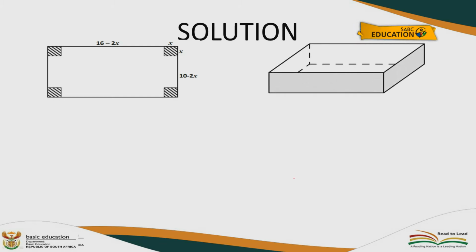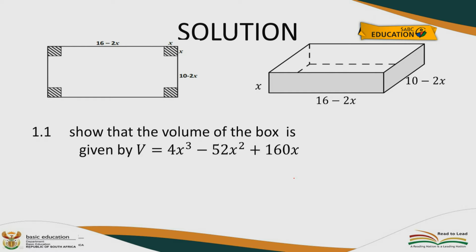So I've already gone through that with you guys, so you know how I got that. All right, so the first question, they want us to show that the volume of the box is given by v equal 4x cubed minus 52x squared plus 160x. Now, if you look at the box, our box is a rectangular prism.